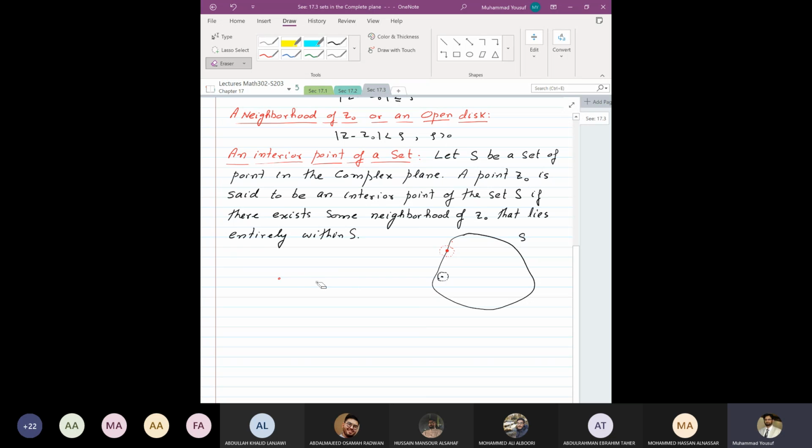So if that point is inside S, we can make a small neighborhood. How small? Very, very small.